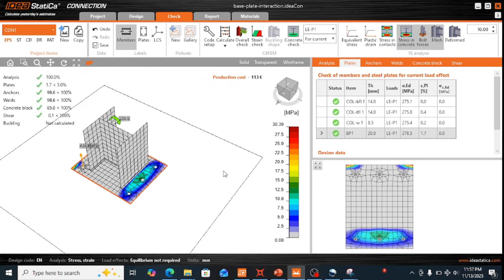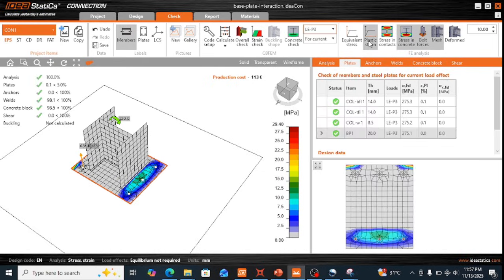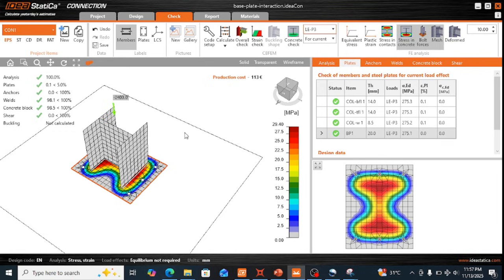Here we can see the load distribution. This is the bearing stress distribution in concrete for P1, and you can select, for example, combination P3 wherein there is a maximum compression. So we can also evaluate the stress in concrete. This is the bearing stress in concrete. We will review all these results in detail in the presentation.